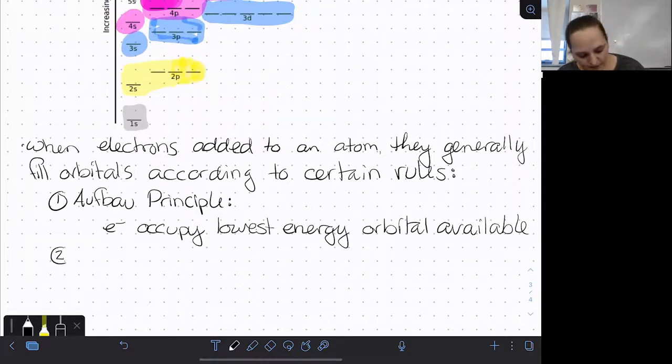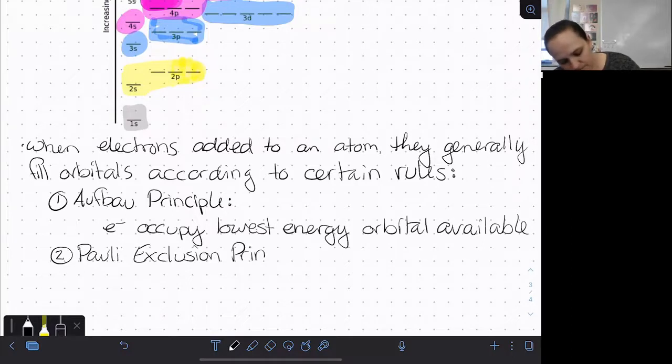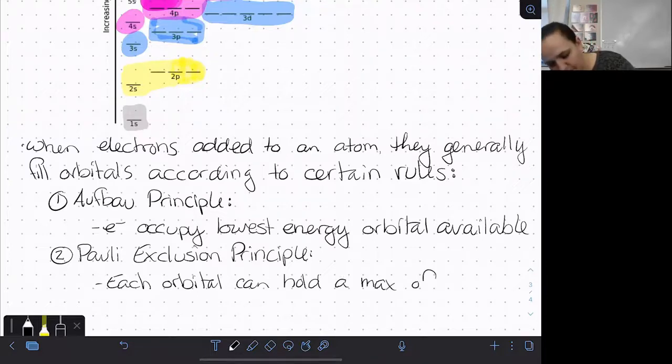The second one is known as the Pauli exclusion principle. It tells us that each orbital can hold a maximum of 2 electrons.